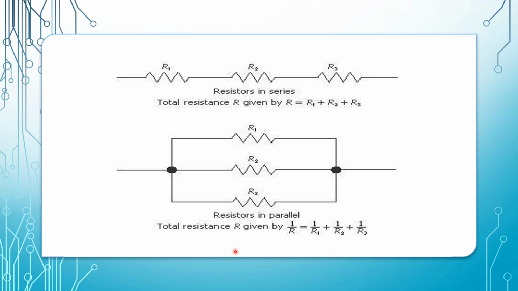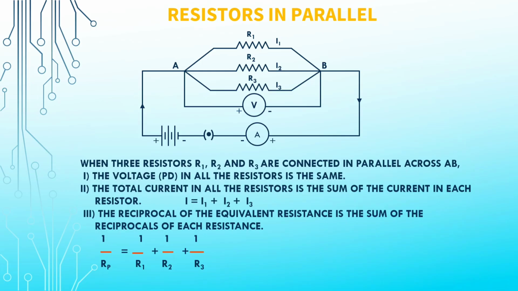Next, we are going to see if the resistors in a circuit are connected in parallel. So this is the diagram from point A to B where there are three resistors, that is R1, R2 and R3. These resistors are connected in parallel, and here the voltage PD in all resistors will be the same.